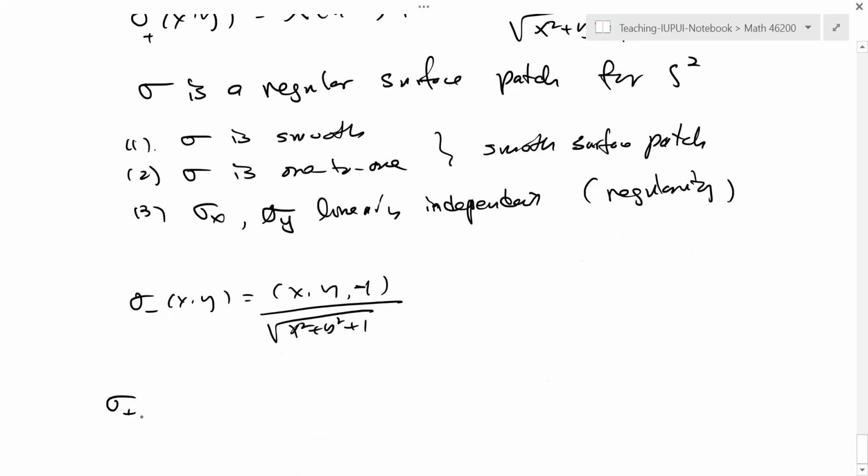So these two together do not cover the whole sphere, except for the equator. They do not cover the whole sphere.